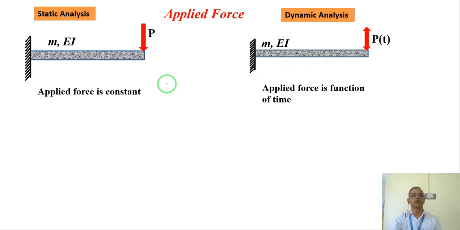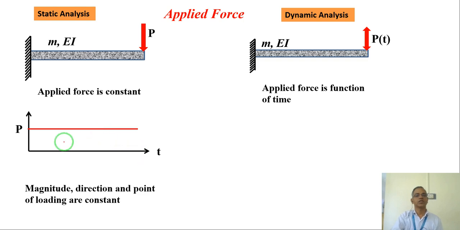The second is the magnitude of the force, the direction and the point of loading, which are all constant over time in static analysis. How much amount? Direction: a downward force is going to be a downward force for the rest of the life.